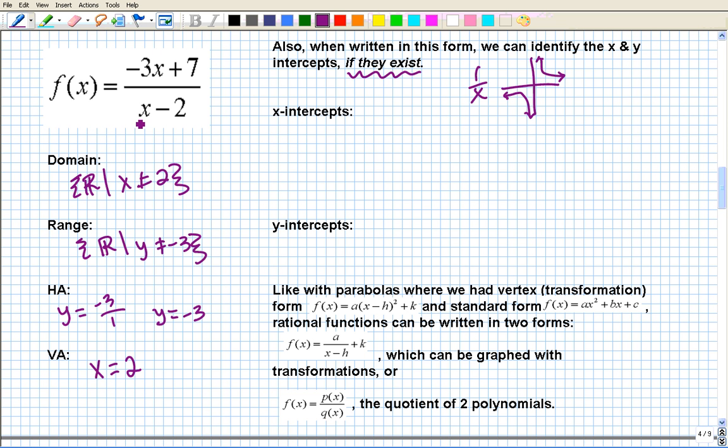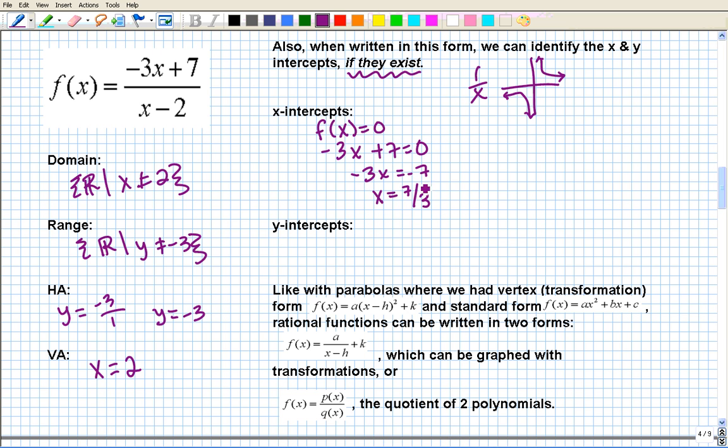But for this one right here, the x-intercept will be when f of x is equal to 0. A fraction is 0 when the numerator is 0. So if I take that numerator and set it equal to 0 and solve, I get negative 3x equals negative 7, so x equals 7/3.